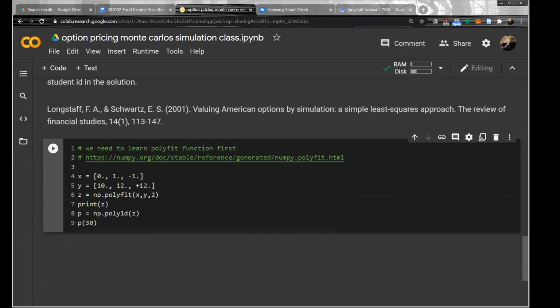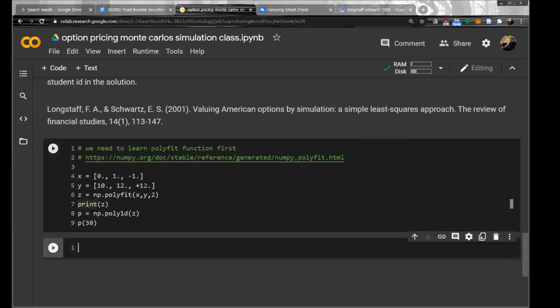Next, about random number generation. In the previous one, we generated only one random number. In this case, we have to generate a lot of random numbers simultaneously.